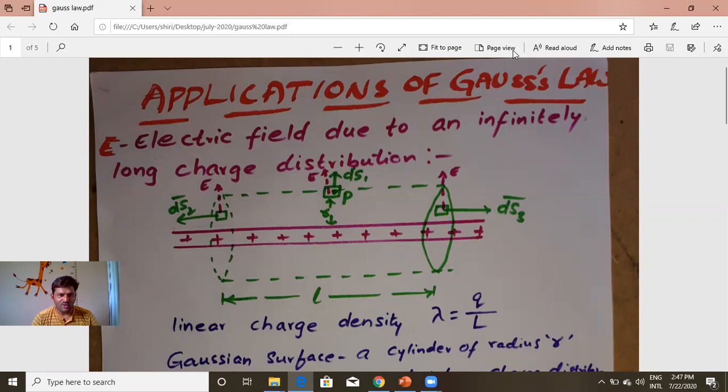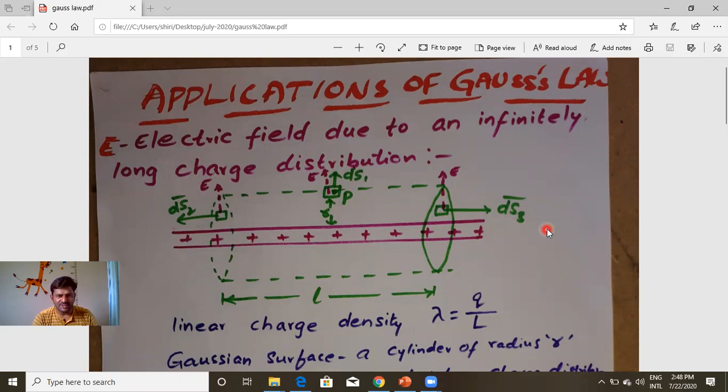The first application we are going to see is electric field due to an infinitely long charged distribution. Electric field due to an infinitely long charge distribution. Let me show you. Here, this line is an infinitely long charge distribution. A positive charge is distributed over an infinite length of wire.